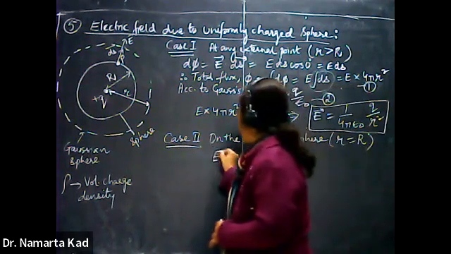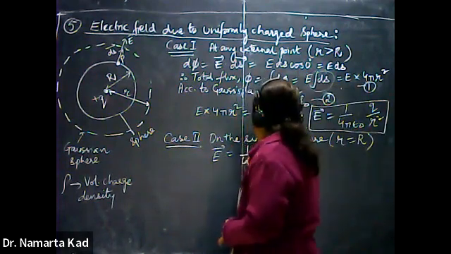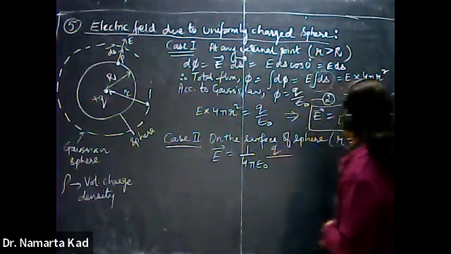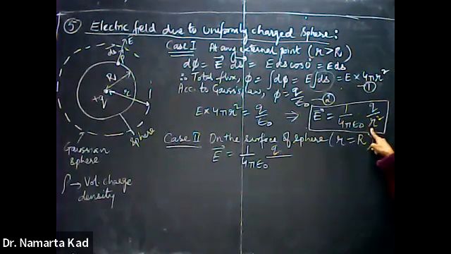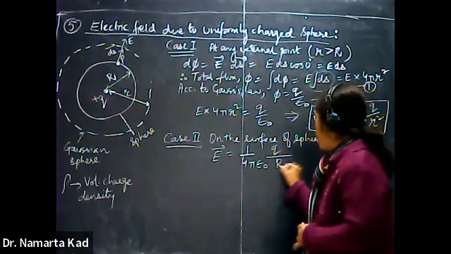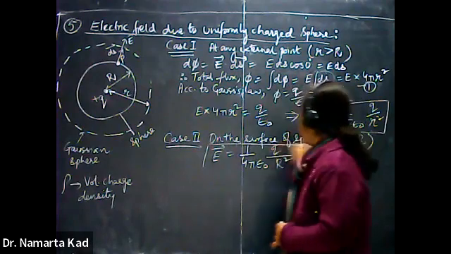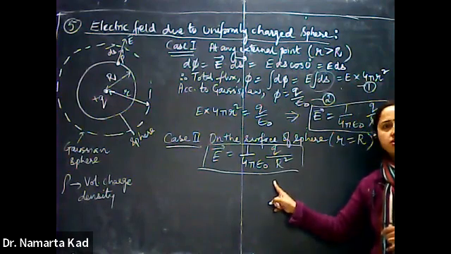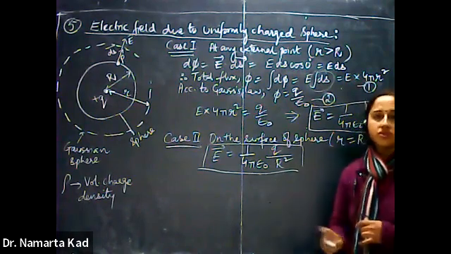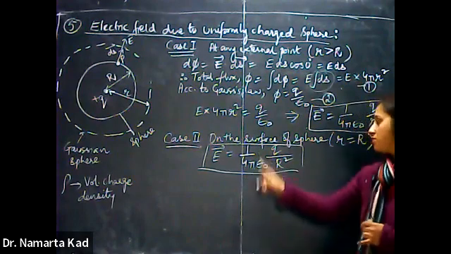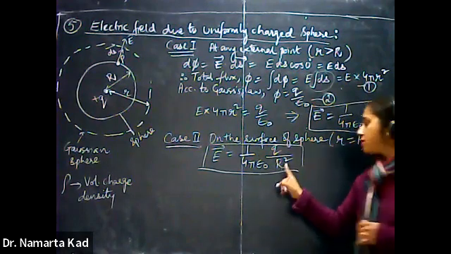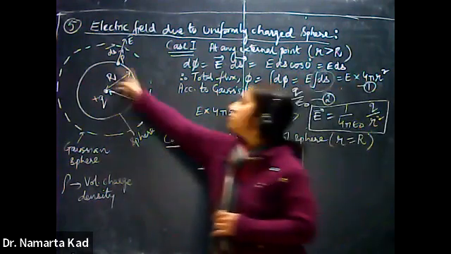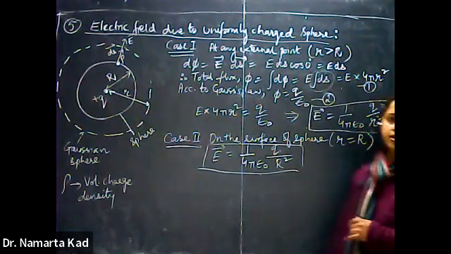So here also E comes out to be 1 by 4 pi epsilon naught Q by, but here you have replaced this small r with capital R. So it is R square. So this is the formula if you have to consider any point on the surface of the charged sphere. It comes out to be 1 by 4 pi epsilon naught Q by R square, and this R is the radius of the sphere.